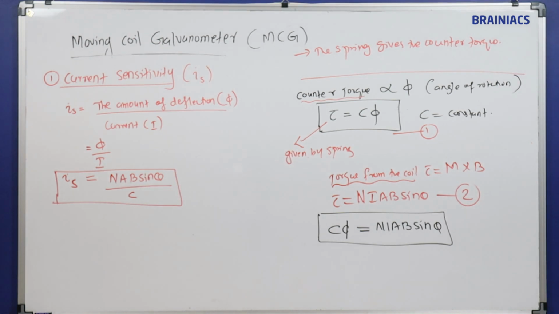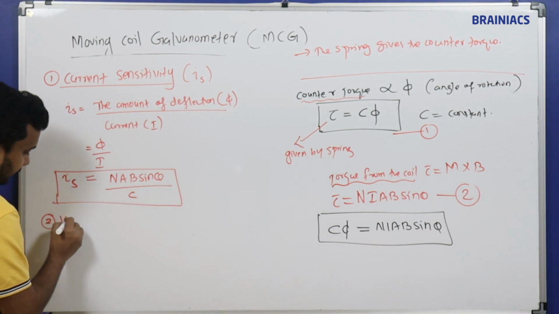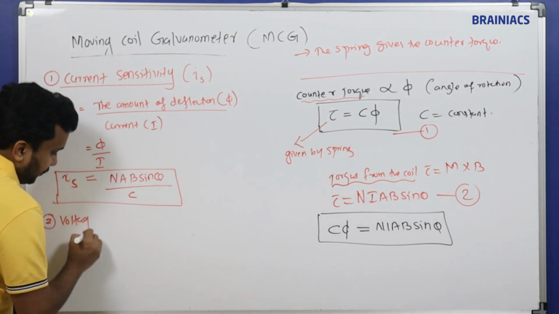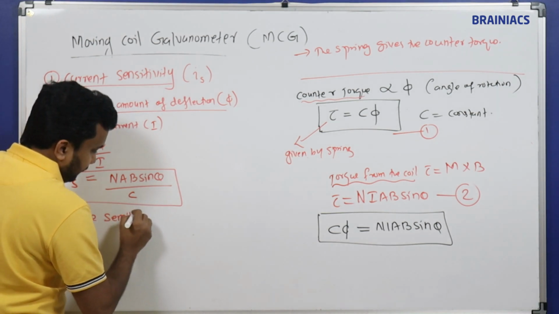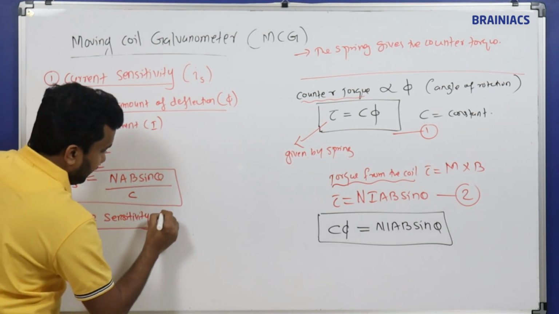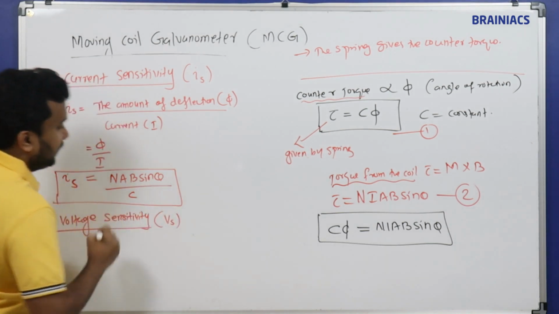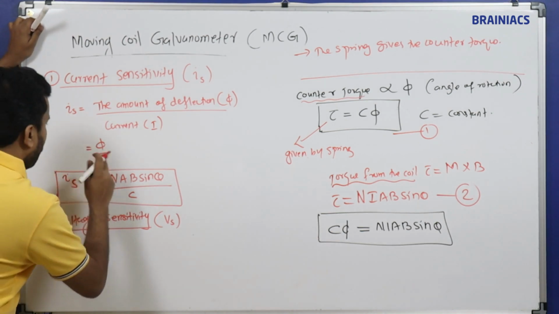And the second parameter is called voltage sensitivity. We represent this as Vs. So what does voltage sensitivity mean? Voltage sensitivity means deflection per voltage.